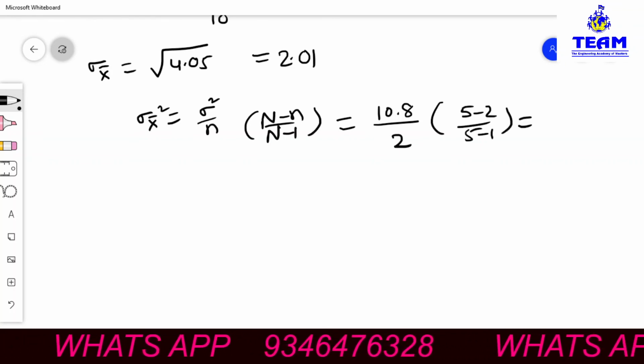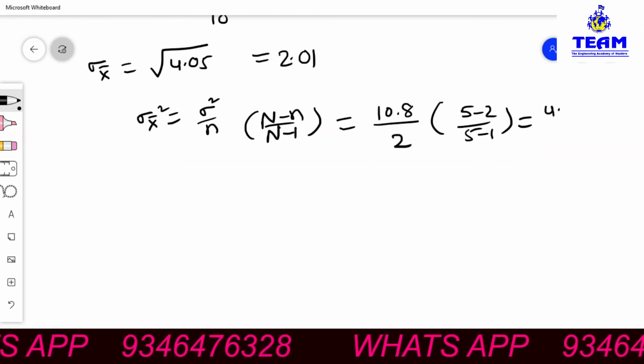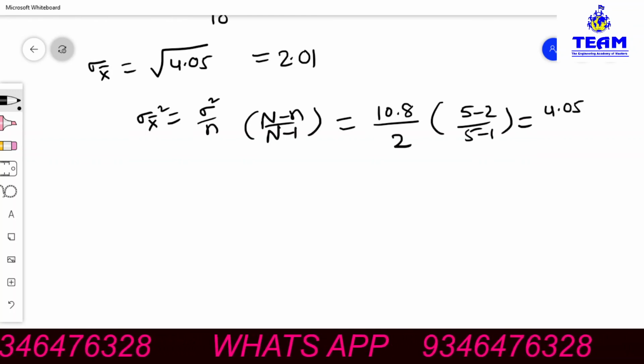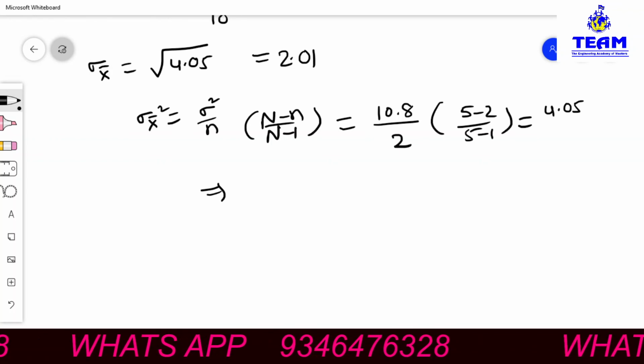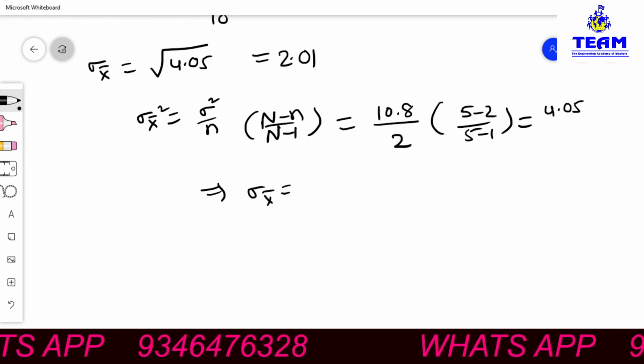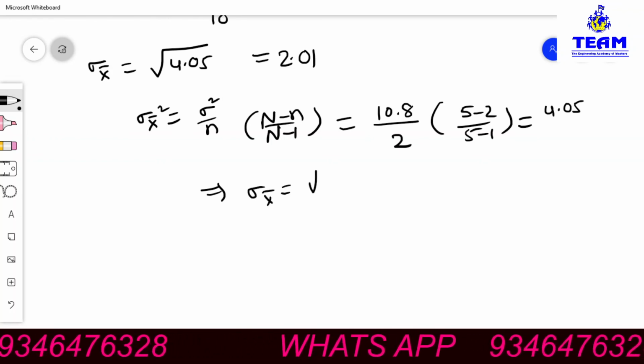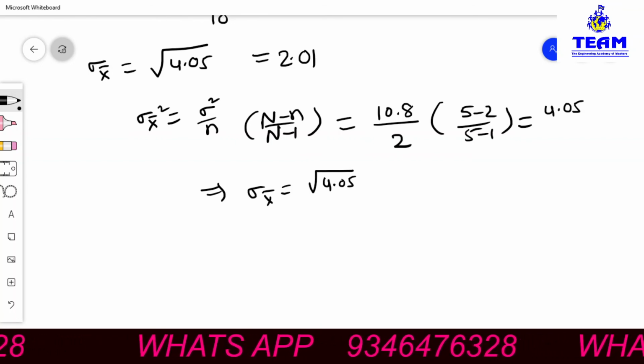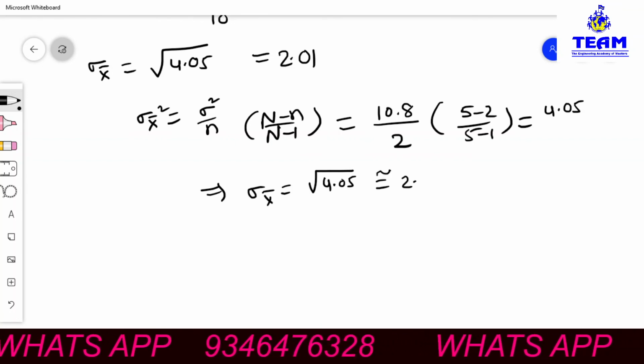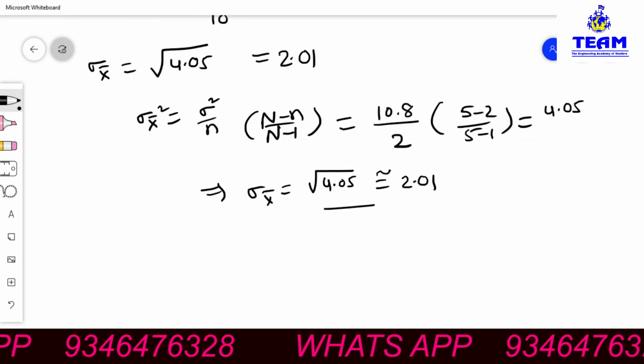This equals 4.05. This implies sigma x bar equals the square root of 4.05, which is approximately 2.01, which shows what?